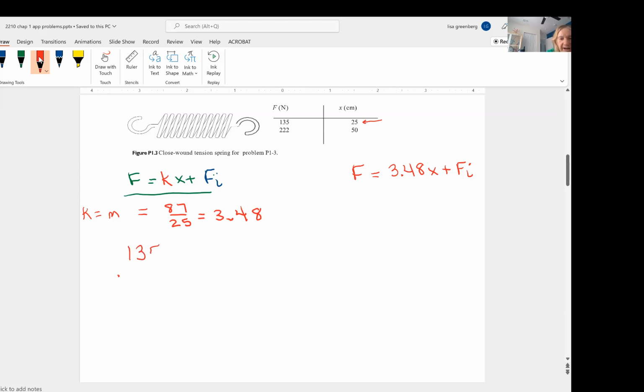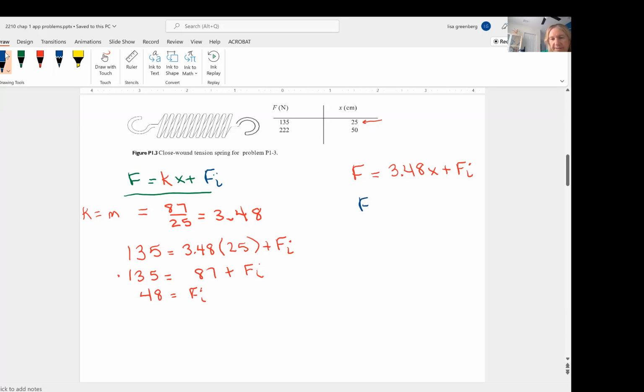F is equal to 135, which is equal to 3.48 times x, which is 25, plus f sub I. And then I get out my calculator, and I have 135 is equal to 87 plus f sub I. And then I subtract 87 from both sides, and I get 48 is equal to f sub I. So now I have my entire equation.